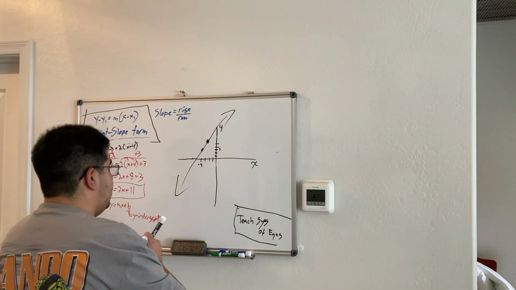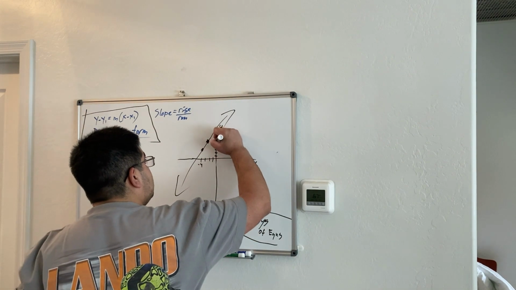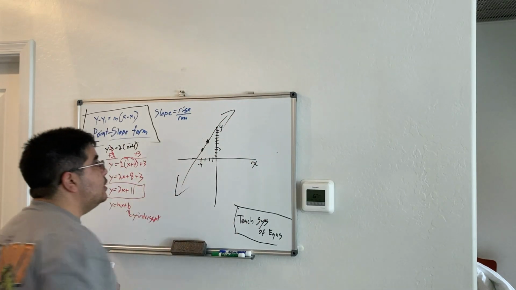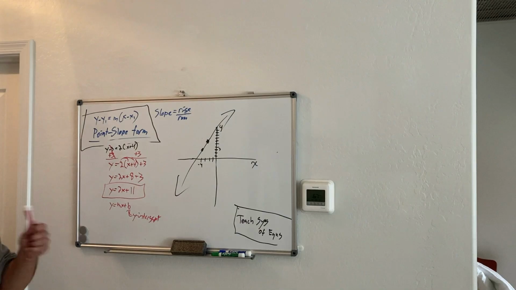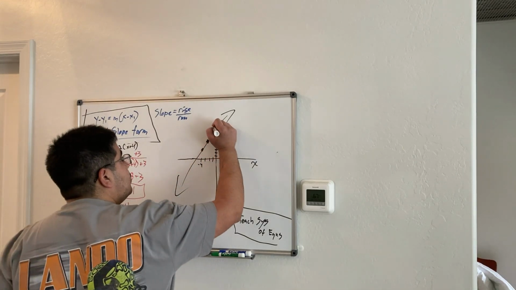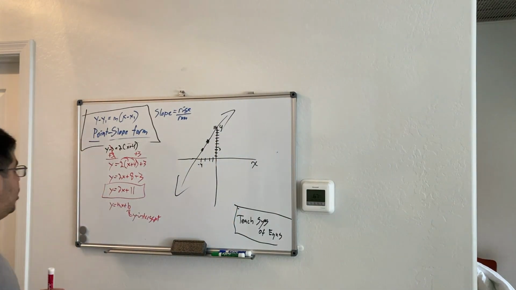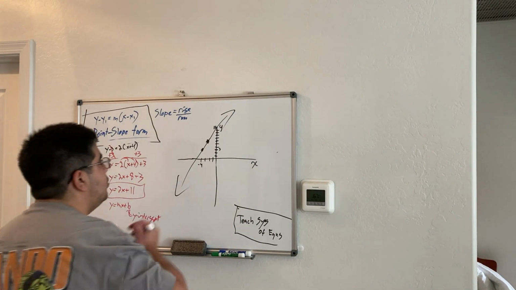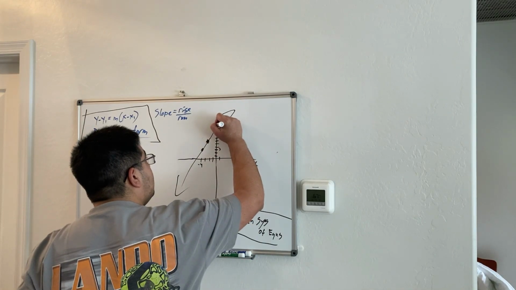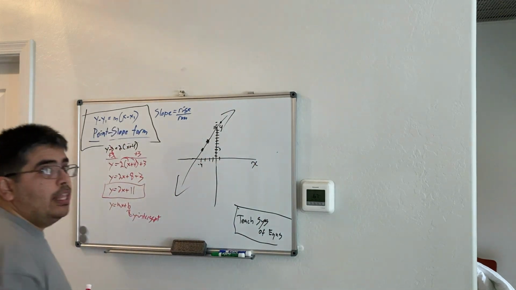You can see 5, 6, 7, 8, 9, 10, 11. You can see why it's 11. It easily crosses that 11th point. So that's the crossing point at 11, and then from that point, you go up 2, over 1. Boom. You hit the line again.